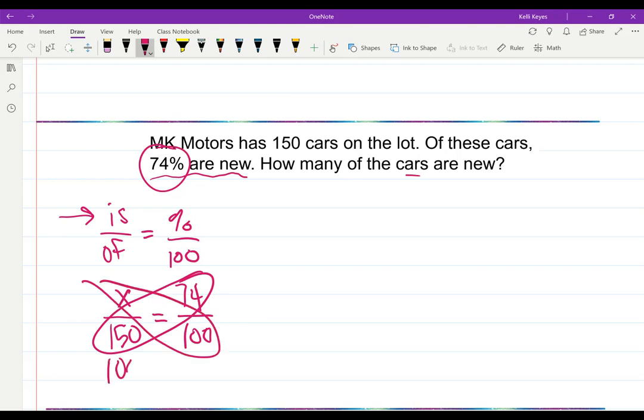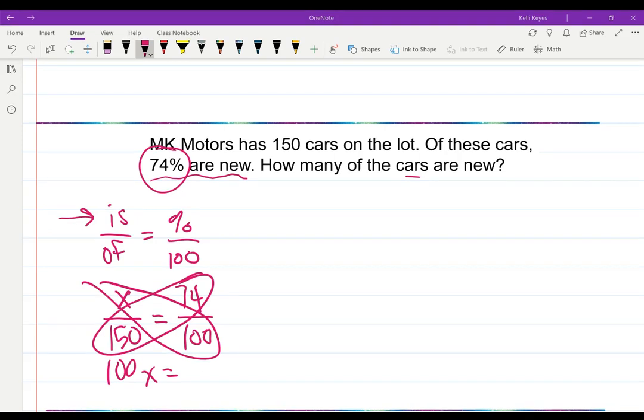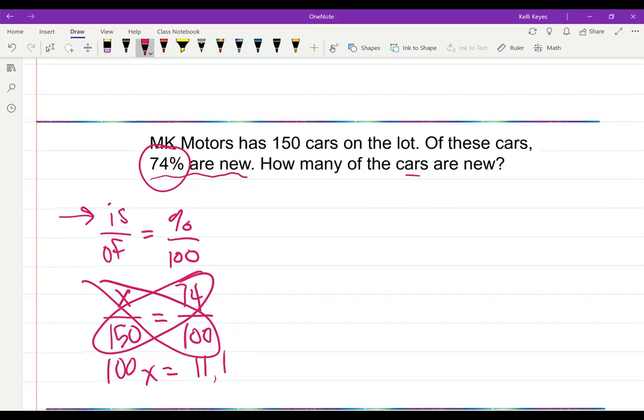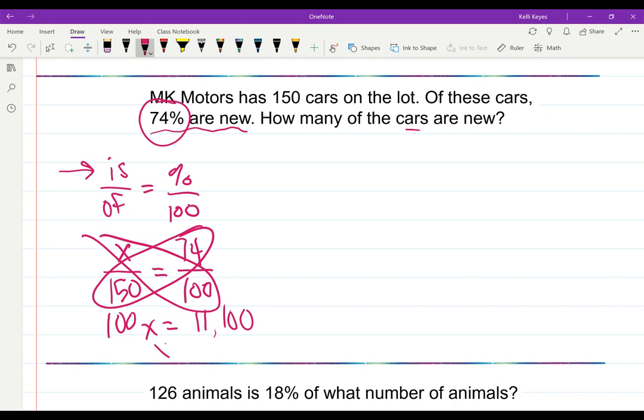We get 100x equals 150 times 74, which is 11,100. We divide by 100, I move the decimal two places to the left, so we get 111. So that's how you do the proportion.